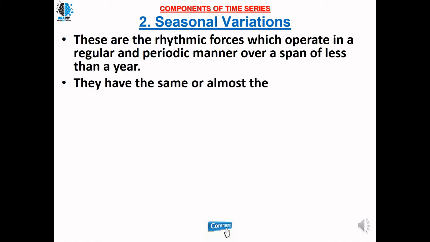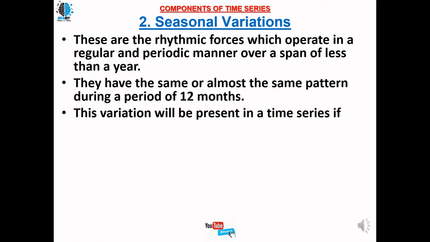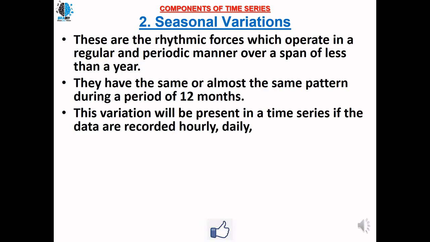They have the same or almost the same pattern during a period of 12 months. So the same sort of data will be obtained from quarter 1, quarter 2, quarter 3, or somewhat changes in the data will be there. This variation will be present in a time series if the data are recorded yearly, daily, weekly, quarterly or monthly.